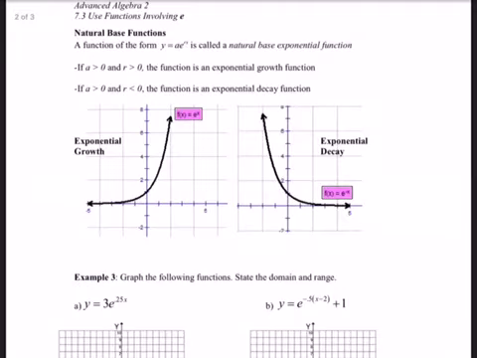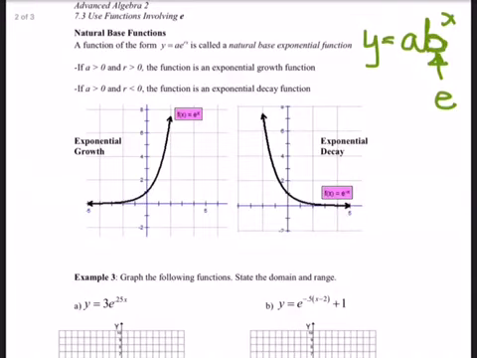Okay, so these also have a graph associated with them. We've been doing exponential graphs as y equals a b to the x power. Now our b is going to become the number e. Before, it was the base that determined growth or decay.